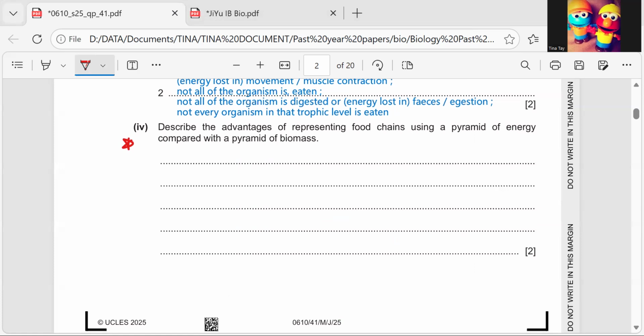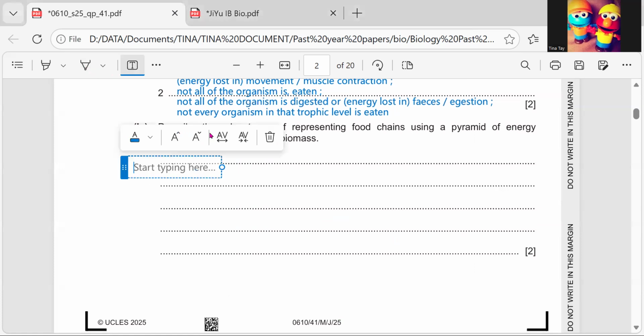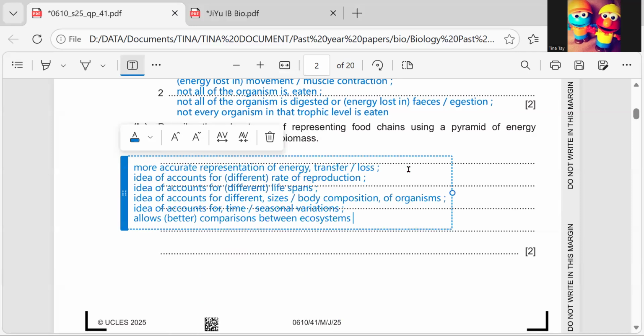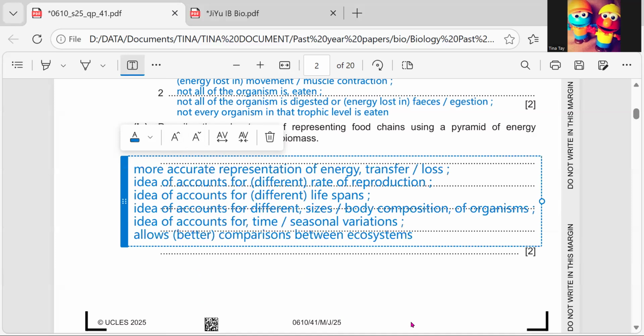Okay, now when the question says describe the idea, you cannot just copy the marking scheme. So, more accurate representation. This one can also be talking about a pyramid of numbers compared to a pyramid of energy. Different rate of reproduction, because biomass is just taking the total biomass.